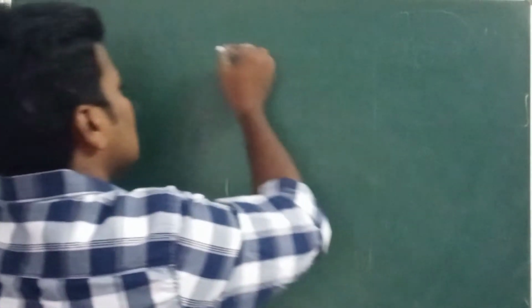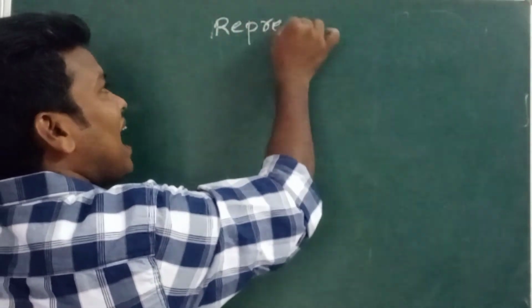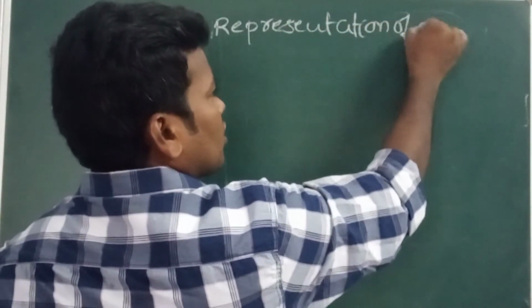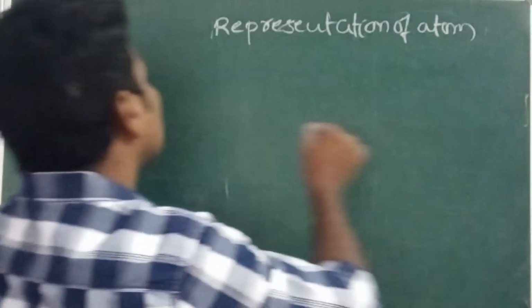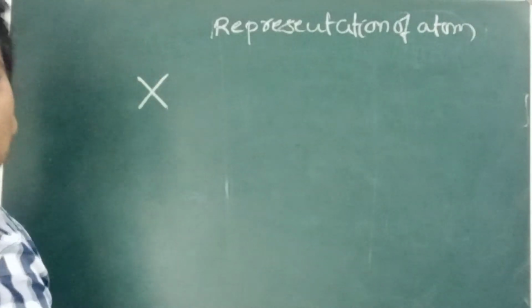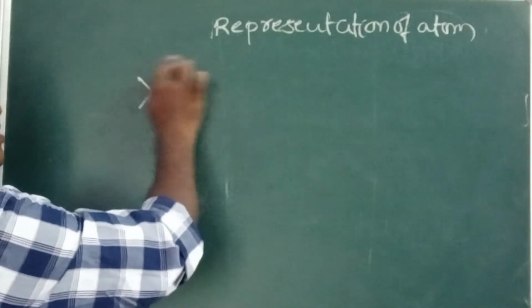Now, representation of the atom. You can see how we represent the atom. This is the nuclide representation. For example, this is the element, with this type of representation: here the atomic number will be there, and here the mass number will be there.